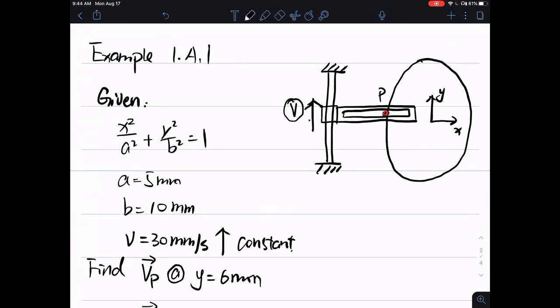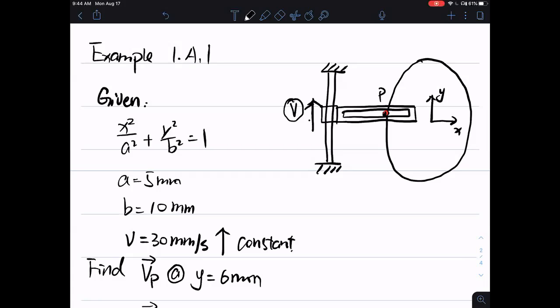What's the relationship between the speed of v and the speed of the particle at that point? So the particle is moving along this range. It probably has an x component and y component for its velocity. And so I'm not sure if you can see that the y component of velocity of particle p should equal how fast this collar is moving.